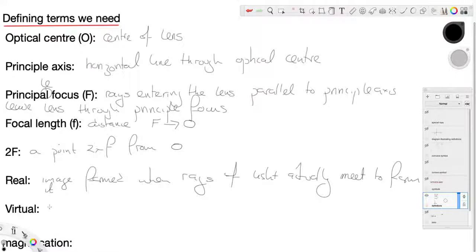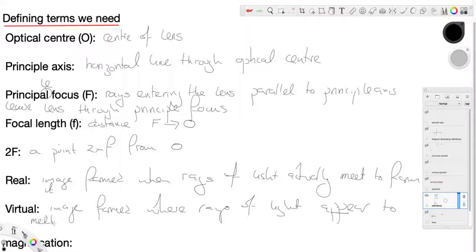And a virtual image is formed where rays of light appear to meet but don't. Or appear to originate from. Would be a virtual object, I suppose.